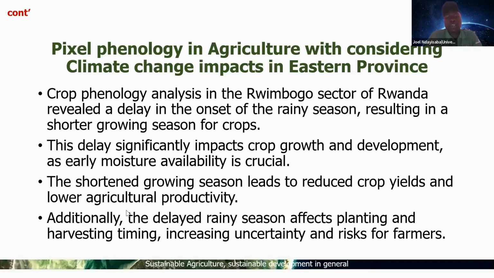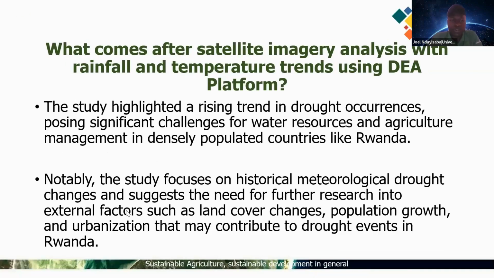What comes after satellite imagery analysis with rainfall and temperature trend using the Digital Earth Africa platform? The study highlighted a rising trend in drought occurrences, posing significant challenges for water resource and agricultural management in densely populated countries like Rwanda.